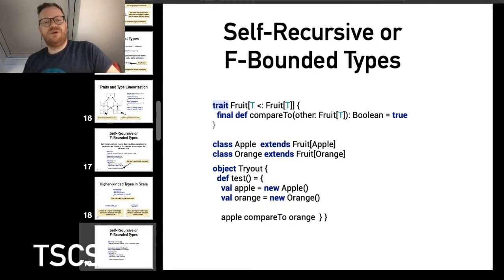We now have this recursion in it. We then can use the type parameter in this comparator operation and bind it to the same structure as we had before.